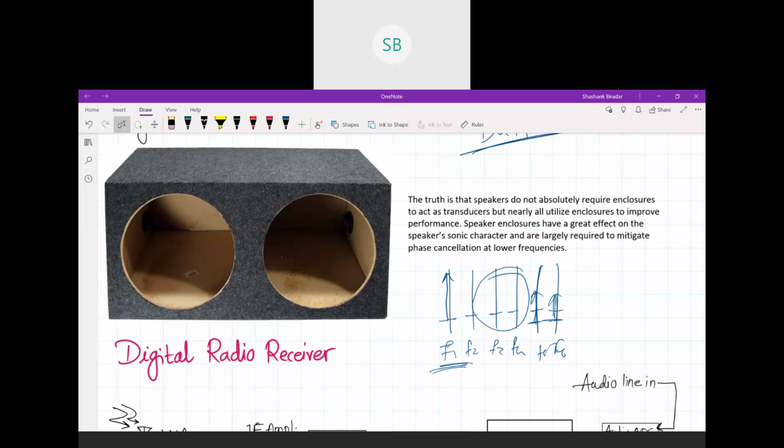And finally we are having the tweeters. Tweeters are the speakers for high frequency. They are called high frequency speakers, designed to produce high frequency sounds, typically within the range of 2 kilohertz to 20 kilohertz.